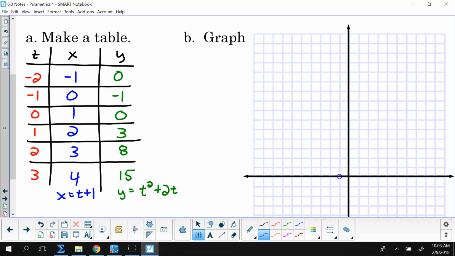-1, 0. 0, -1. 1, 0. 2, 3. 3, 8. 4, 15. I know that it goes all the way up there. Now, when I go to draw my graph, do I continue going past those points on the left and on the right?